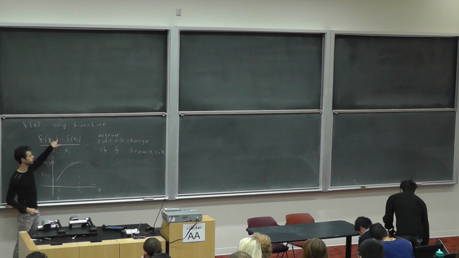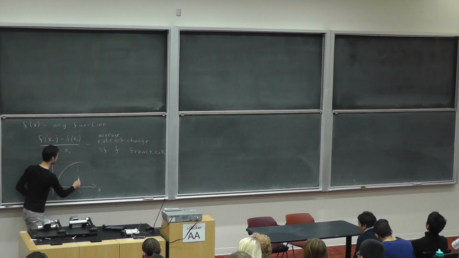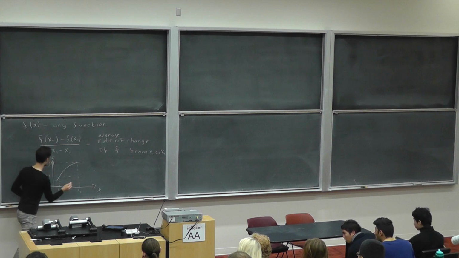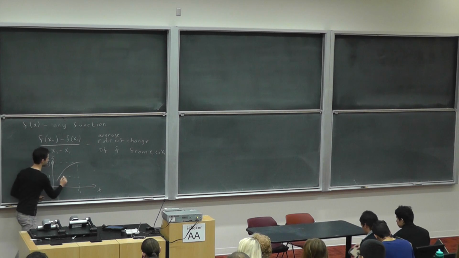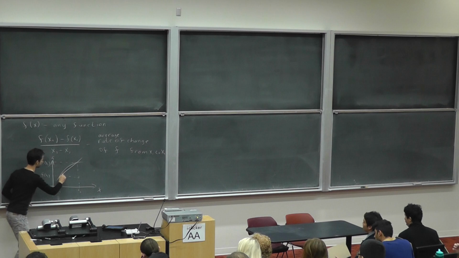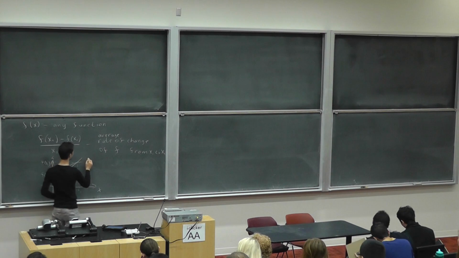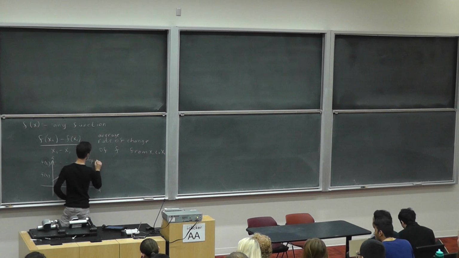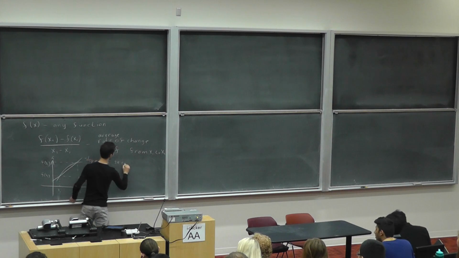The difference in values of f is this distance. The difference in values of x is this distance. The quotient is the slope of the secant line.